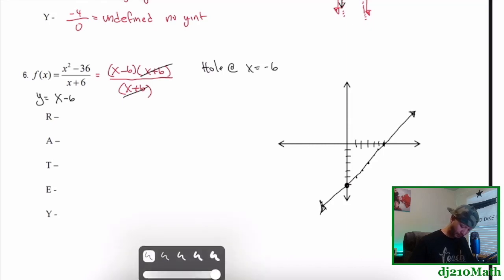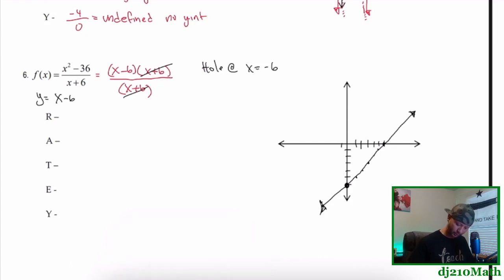So the hole is going to be on the graph, not on the x-axis, because it's at x equals negative 6. So 1, 2, 3, 4, 5, 6. So negative 6. So we'll extend this out. So somewhere here.